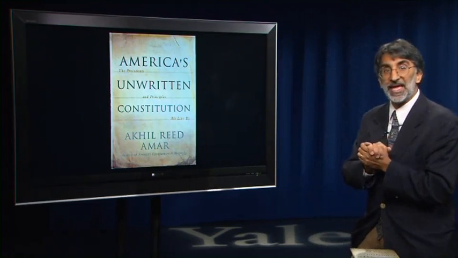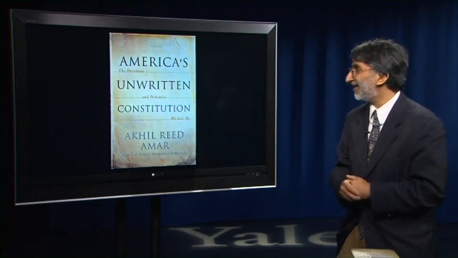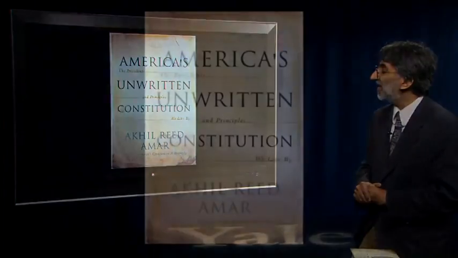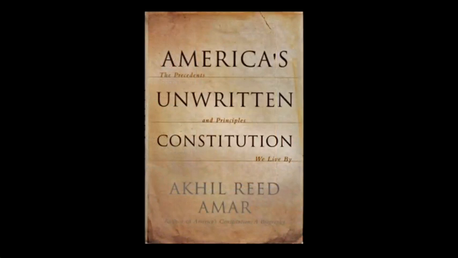Now, as is a tradition in this course, I have an image up on the screen. And I just want to end by telling you a little bit about this image. This image is the image of the companion book to the one that we've just summarized. The first book that we covered was America's Constitution, a biography. The sequel is called America's Unwritten Constitution.